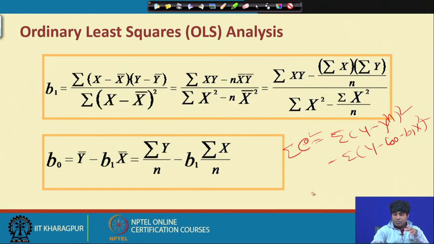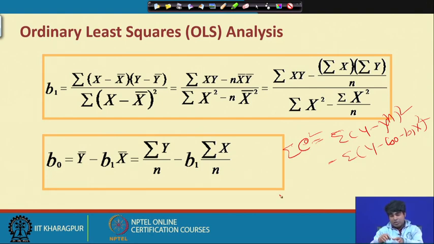Now, if you simplify, you will get two different equations. The first equation follows one structure, and the second equation follows the b1 structure. After doing all these things, automatically you will get the beta 0 coefficient and beta 1 coefficient.